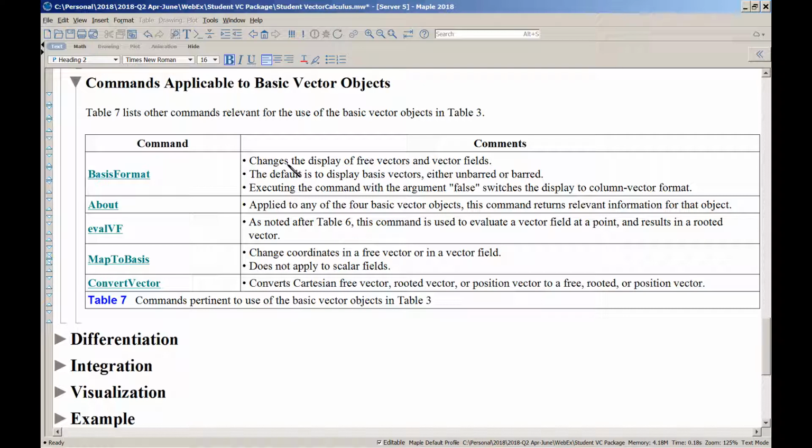I prefer the alternate. I do not like the default because you have this issue of unbarred and barred basis vectors that took me two years of questioning both the program itself and the man who supervised the construction of this package to get straight what the difference between the barred and unbarred basis vectors was.